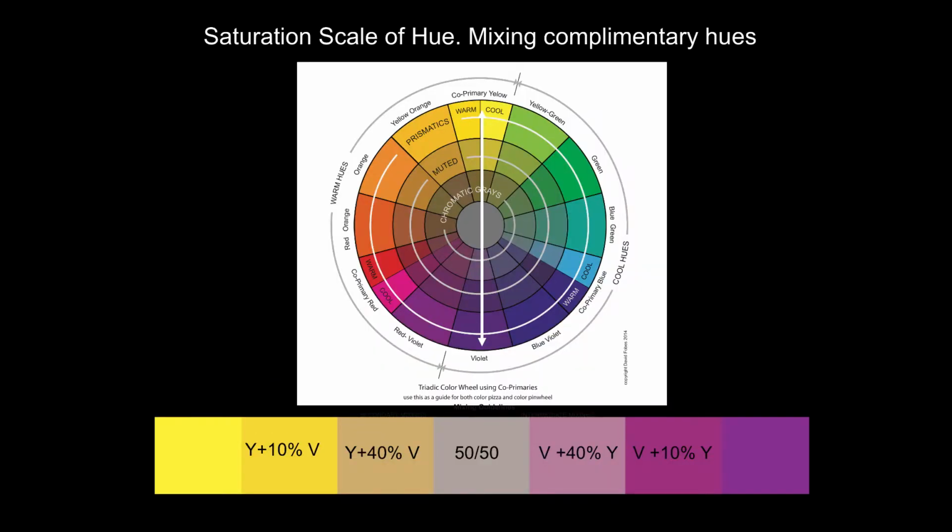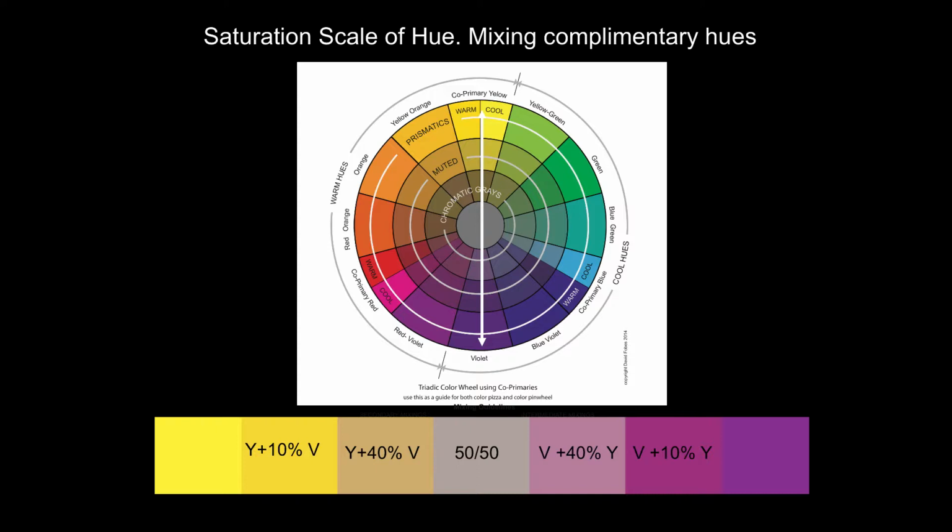So, saturation scale of hue. Back to this color model here. This is RYB, but it'll work also in CMY, and your CMY color wheel has this scale. It has a few more divisions, but when we mix complementary colors together, so colors that are opposite on the color wheel, as you mix them together, you're mixing them towards a neutral gray.